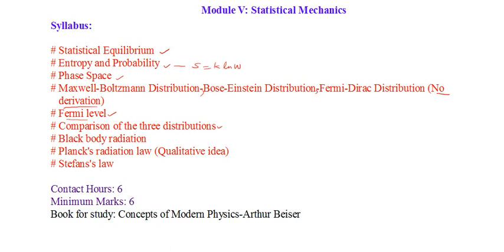We will discuss the same thing again. Then Planck's radiation law, where the syllabus says we need only a qualitative idea, because it's only to introduce that thing. And finally we'll end the module with Stefan's law, which is also a law obtained from black body radiation.